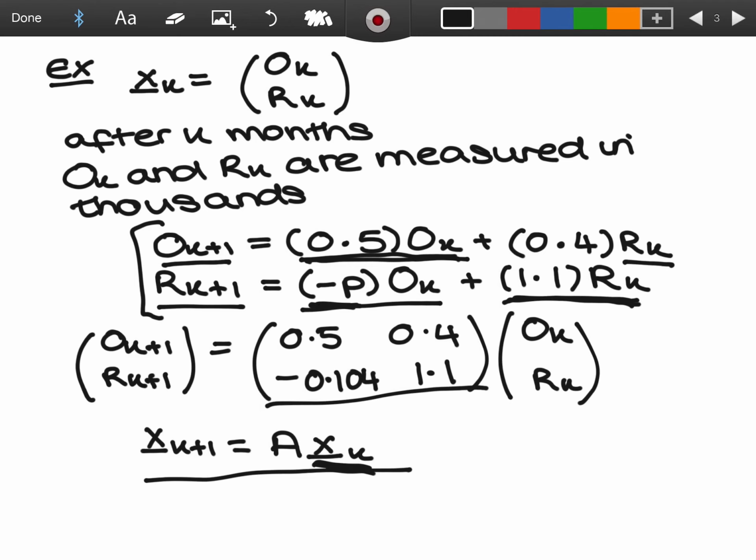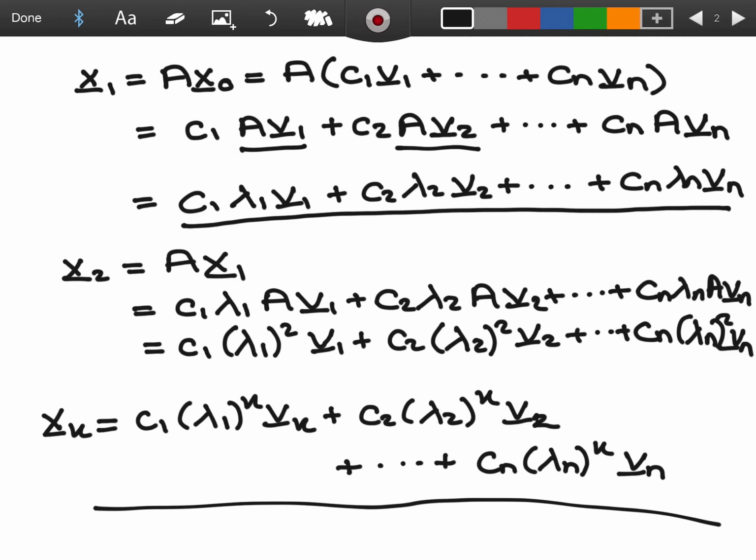Some will increase, some will decrease, because owls eat rats and that's going to affect the population. You can then write that as an iterative system of the form xk plus 1 equals A times xk. Because it can be written like that, we can come back here and say that A has eigenvalues lambda 1 and lambda 2, and eigenvectors v1 and v2.